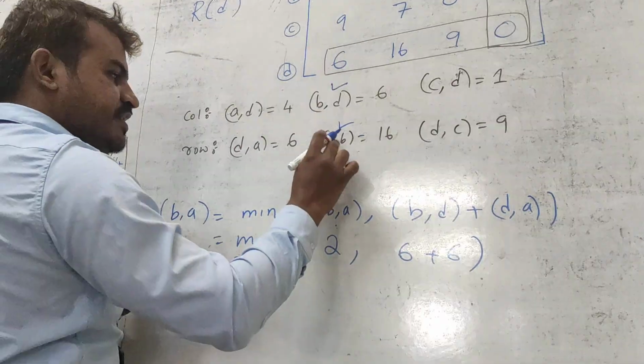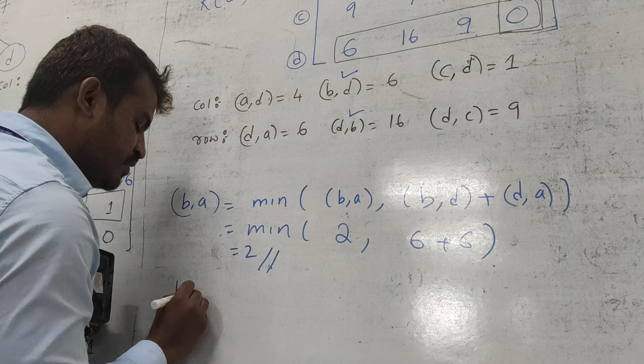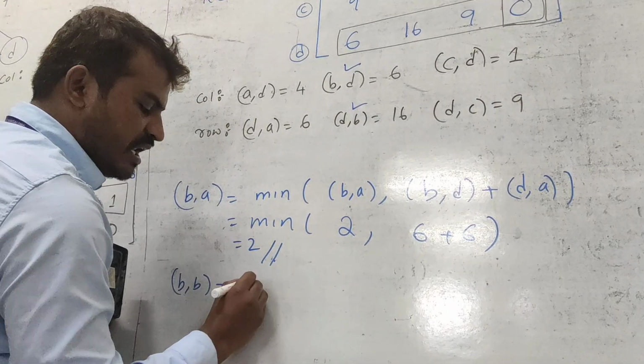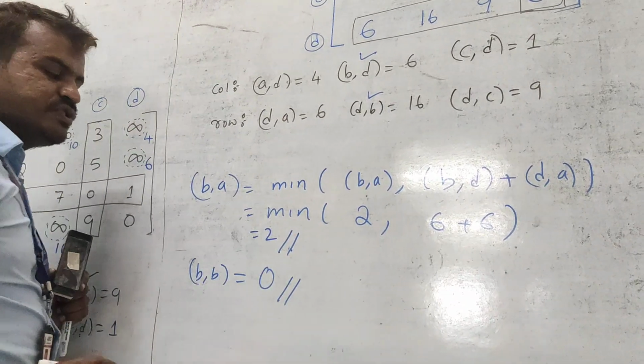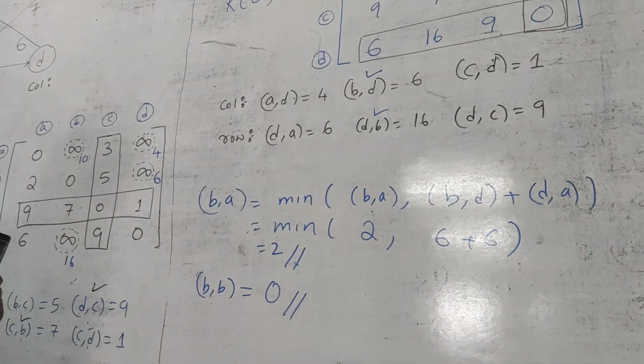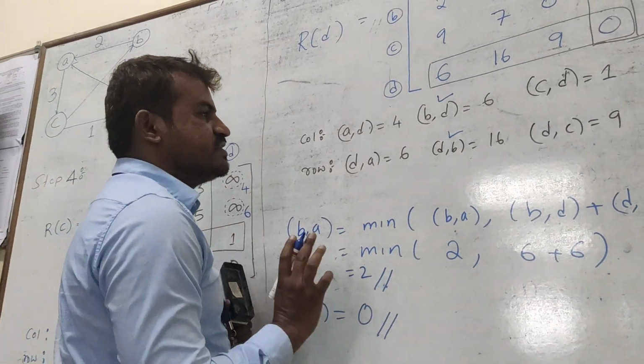Next combination, we make B to D with D to B. B to D, D to B, consider B to B, then no need to evaluate, it is 0. Consider this a straight path, 0 itself.